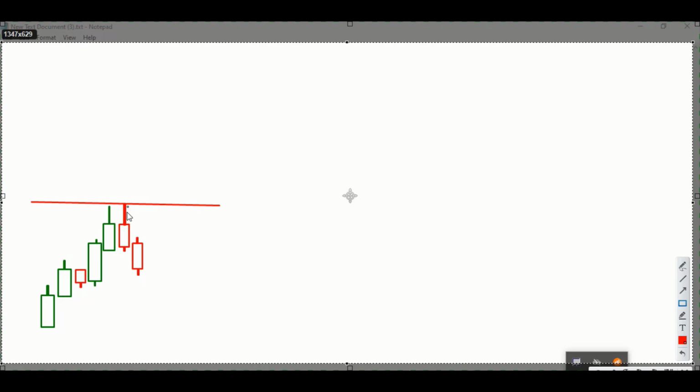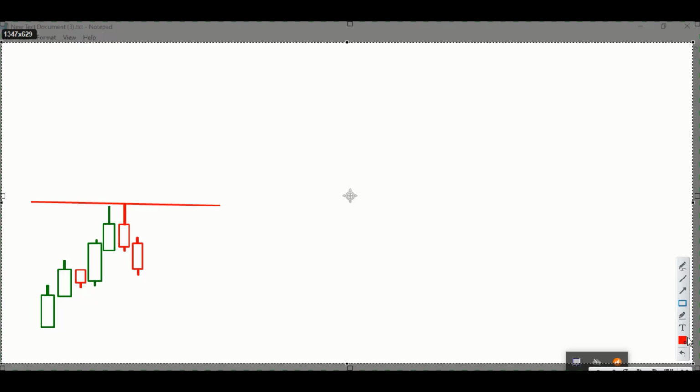This type of two rejections comes from a strong SNR level, the previous strong SNR level. We just have to check it. So I am showing here the shape of this type of patterns.